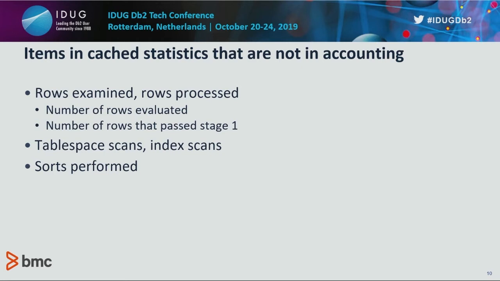So for the most part, the cached statistics are less detailed than what you get from accounting. But here are a few fields that I don't really recognize from looking at the accounting data that I thought were fairly interesting. The rows examined and rows processed are both numbers that you want to drive down as much as you can to get the best performance.